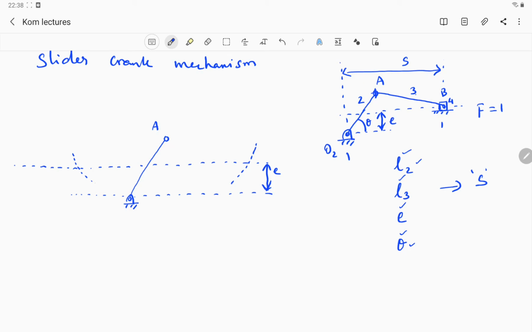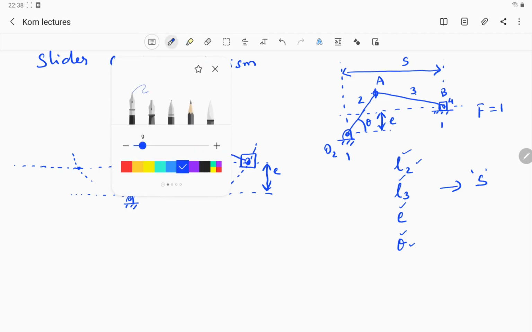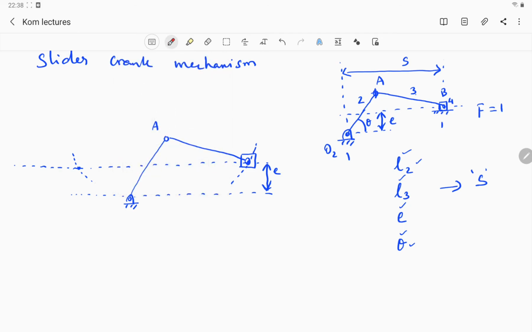So which is the solution? Whether B is going to be here or here. As a matter of fact, both can be a solution. So if one solution is here, then the slider is going to be like this. For the other solution, maybe I will change the color, it's going to be like this.